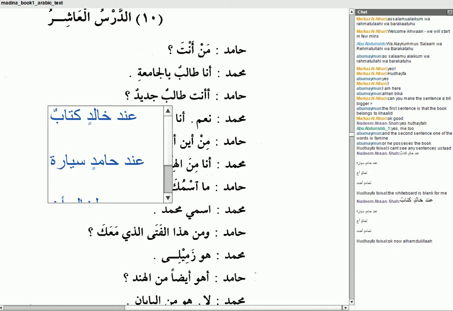My question is, what is the difference between the two? Well, let me summarize it because I've already explained. When you are talking about taking possession of objects, you can say عند and you can say li.